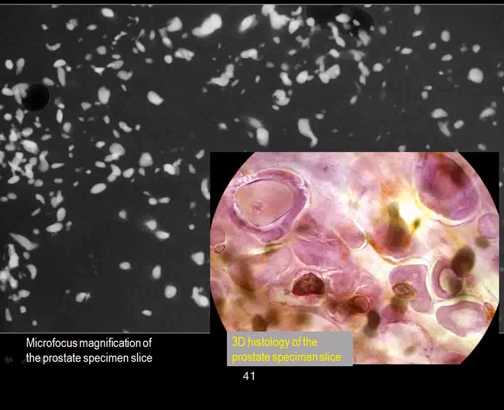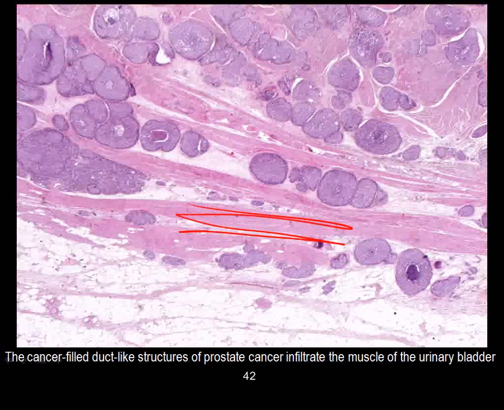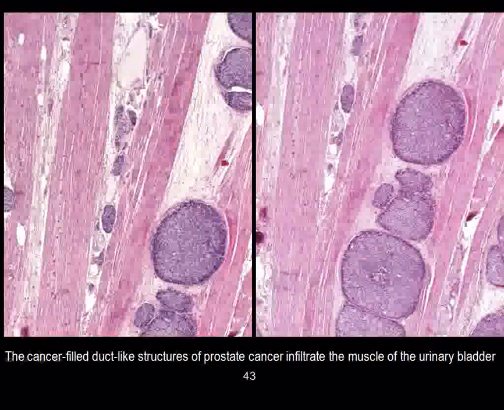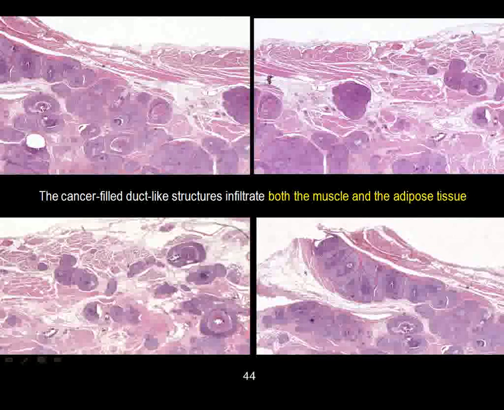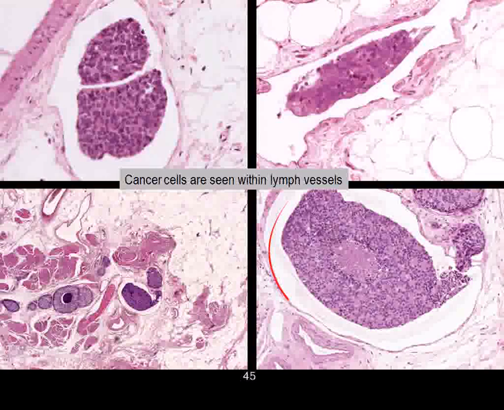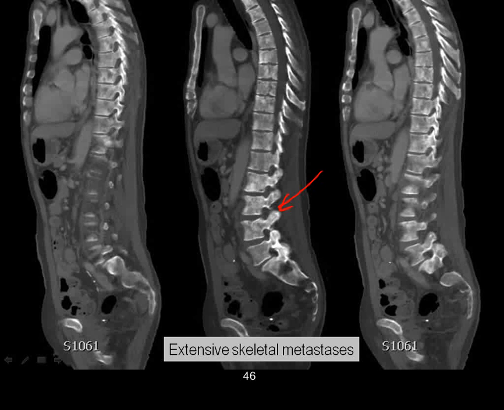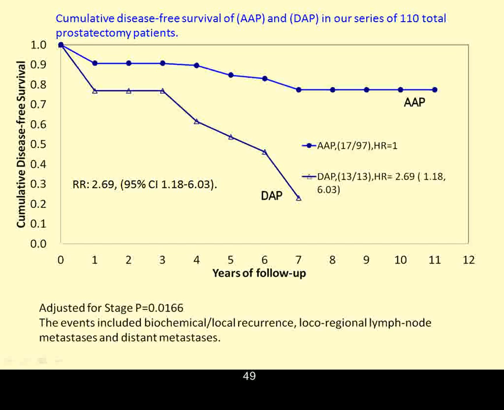It infiltrates the muscle of the urinary bladder. It infiltrates the fat. It drilled itself into the lymph vessel and gave metastasis, and half a year later he was dead of prostate cancer. Our research based on 100 total prostatectomy patients showed the same thing.